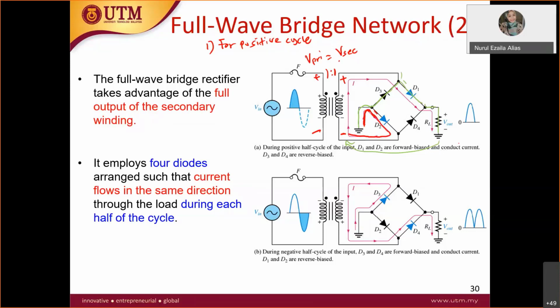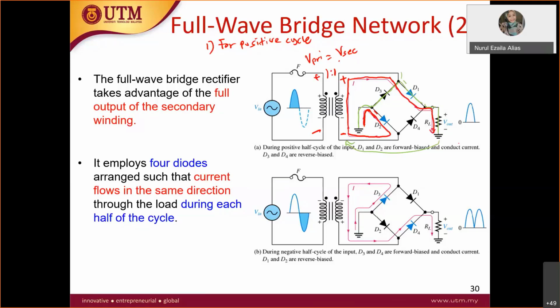It will go upward here, go to the positive supply, and then the current goes this way. It cannot go to the D3 because it will become reverse bias. It will go to the D1, become forward bias, and go to your RL. So that is your loop.